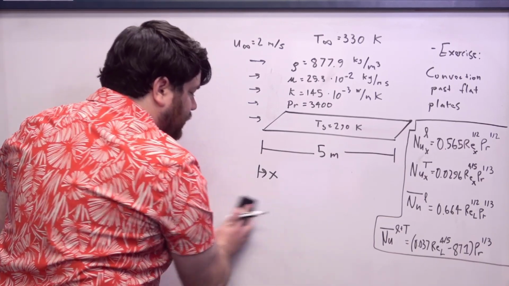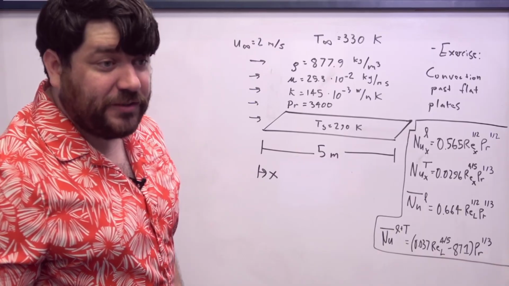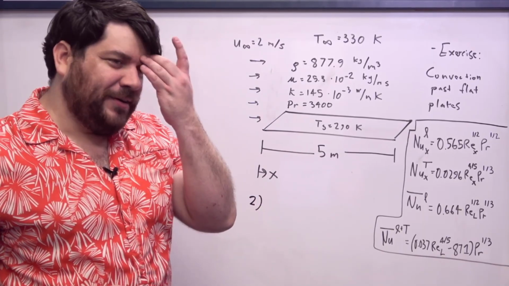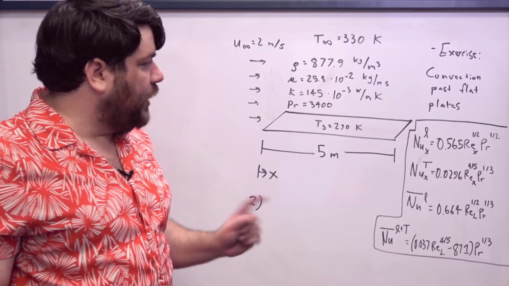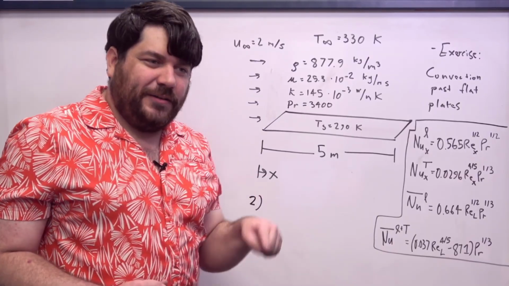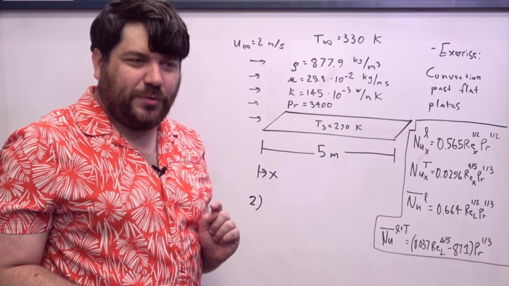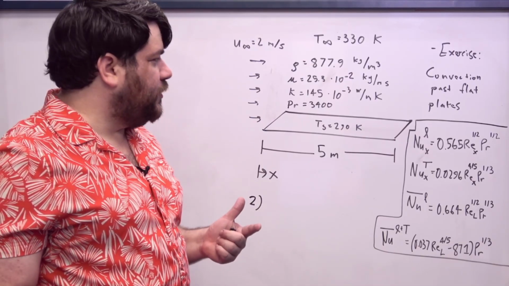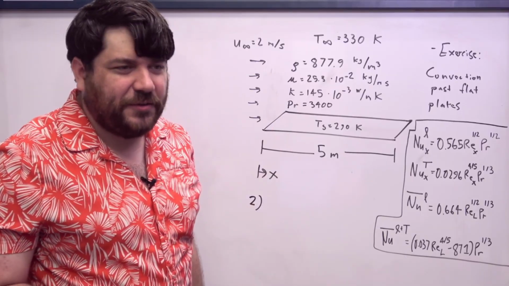The second step is to calculate the Reynolds number. And here we have to start being very careful, because remember, now it starts to matter whether or not we are calculating a local quantity or an average quantity. When we're calculating a local quantity, we use a Reynolds number that's defined off a specific location.